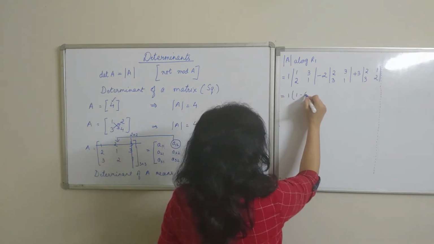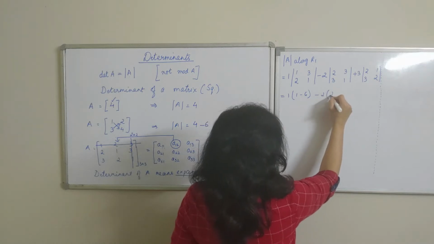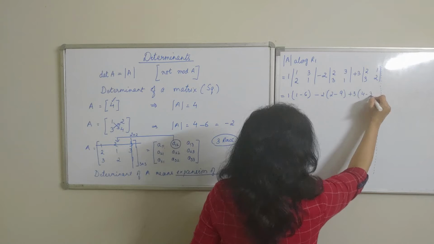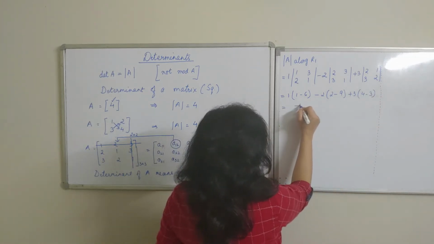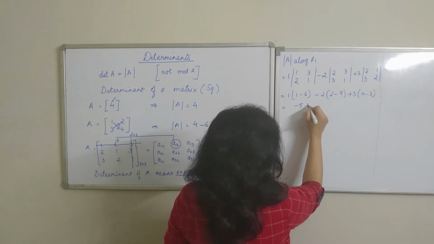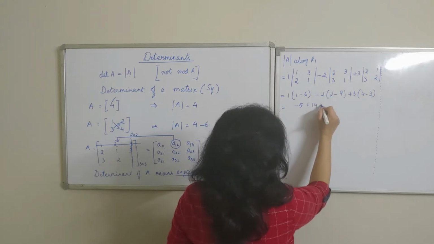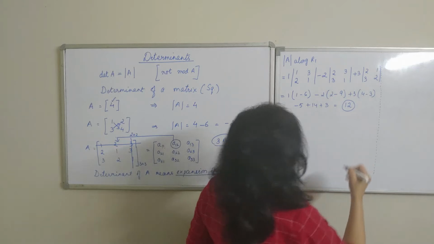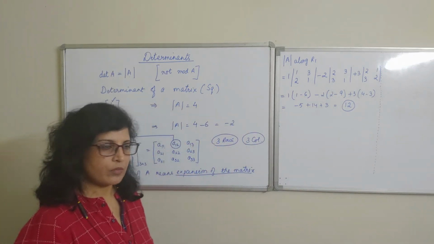So 1 times (1 minus 6), minus 2 times (2 minus 9), plus 3 times (4 minus 3). So we have here -5 plus 14 plus 3, which is equal to 12. So the determinant of this matrix is 12.